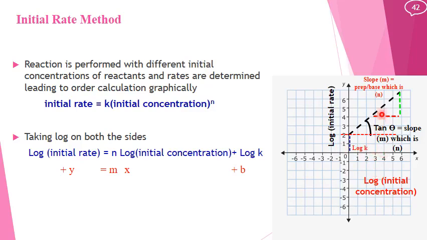Well, the slope of the plot of log of initial rate versus log of initial concentration is equal to the order of the reaction, whereas the antilog of the intercept gives the value of the rate constant.